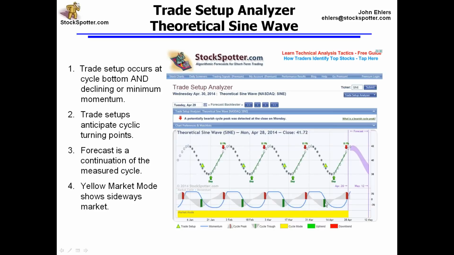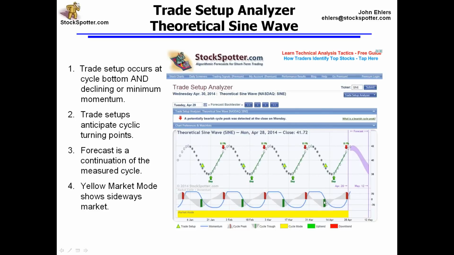And what we're doing here is we have a trade setup indicated by this triangle before the bottom of the sine wave, and it happens when our bandpass filter reaches a cycle trough and the momentum is declining, or parenthetically is at a minimum.